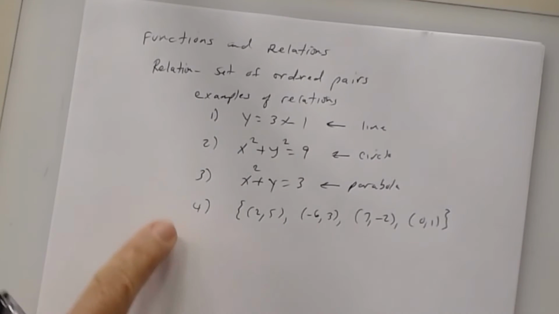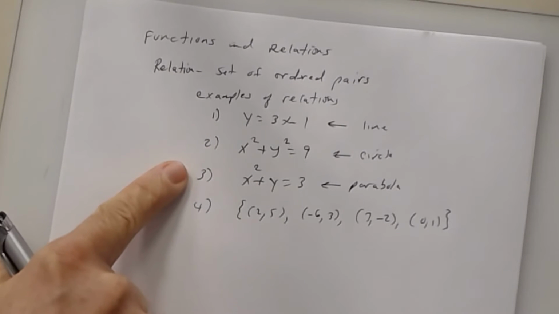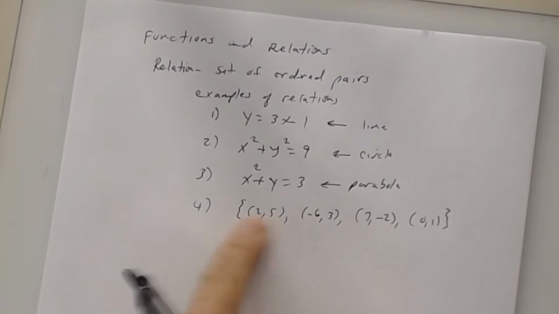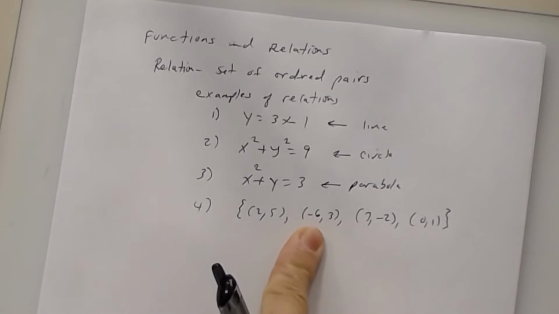Numbers 1, 2, and 3, how many ordered pairs are in 1, 2, and 3? An infinite number. Remember, a line has how many ordered pairs on it? An infinite number. A circle? An infinite number. A parabola? An infinite number. This relation right here has how many ordered pairs? A finite number. How many are there? 4.